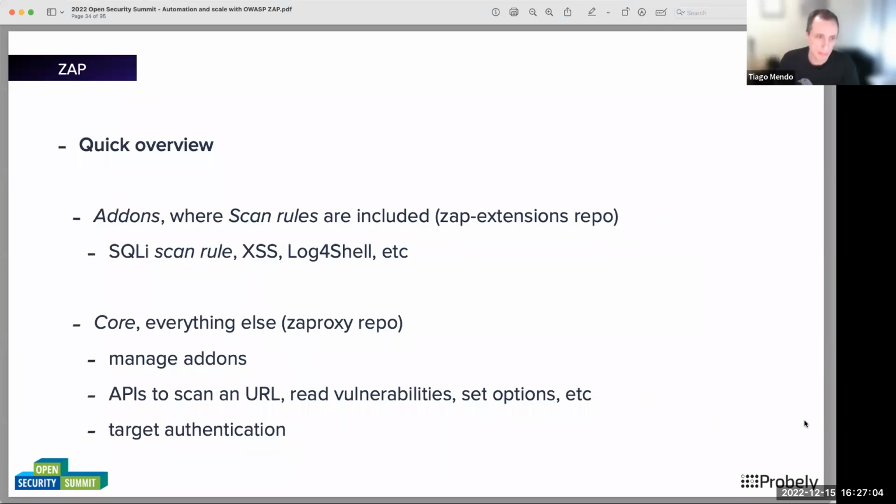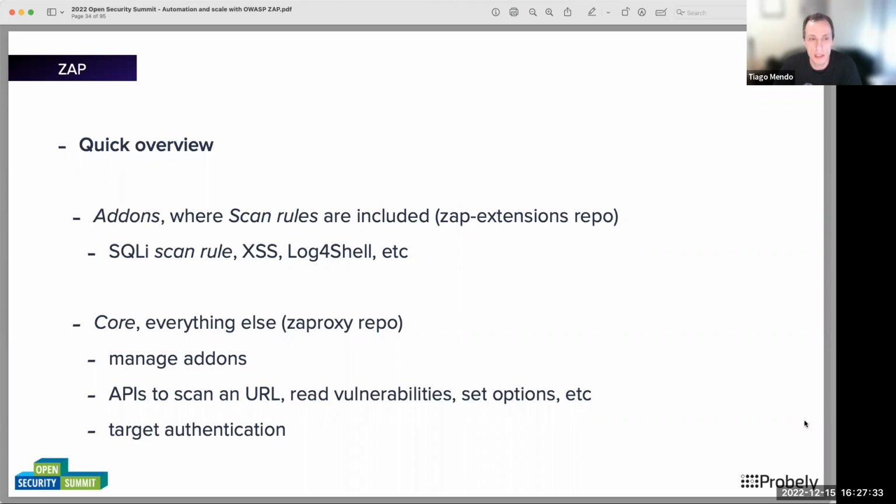ZAP is basically organized in two big parts: the core, which is the part that effectively does the requests, interacts with vulnerability management systems, handles authentication, and a lot of other things. And we also have the add-ons.